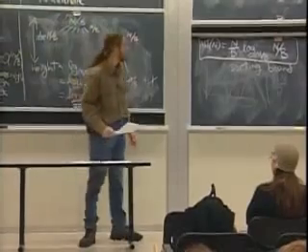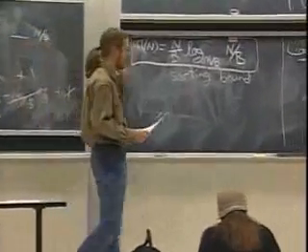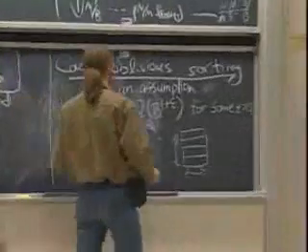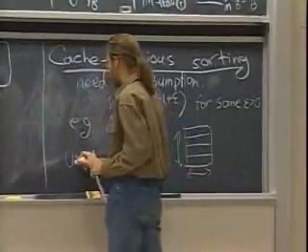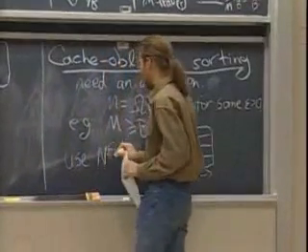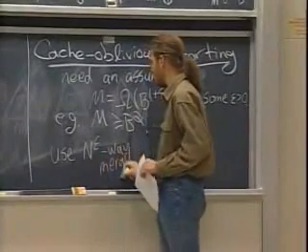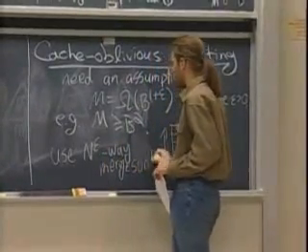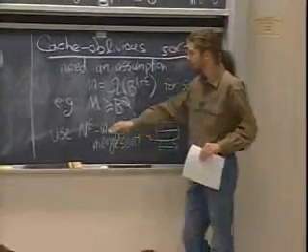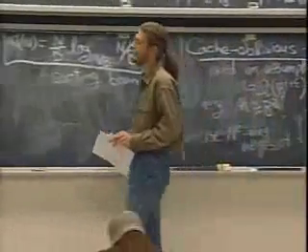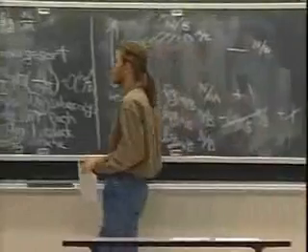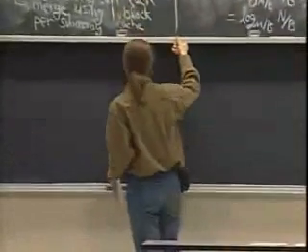Good. Now we're going to achieve this bound. What we're going to try to do is use an n to the epsilon way merge sort for some epsilon. And if we assume that m is at least b squared, the epsilon will be 1/3, it turns out. So we're going to do cube root of n way merge sort.